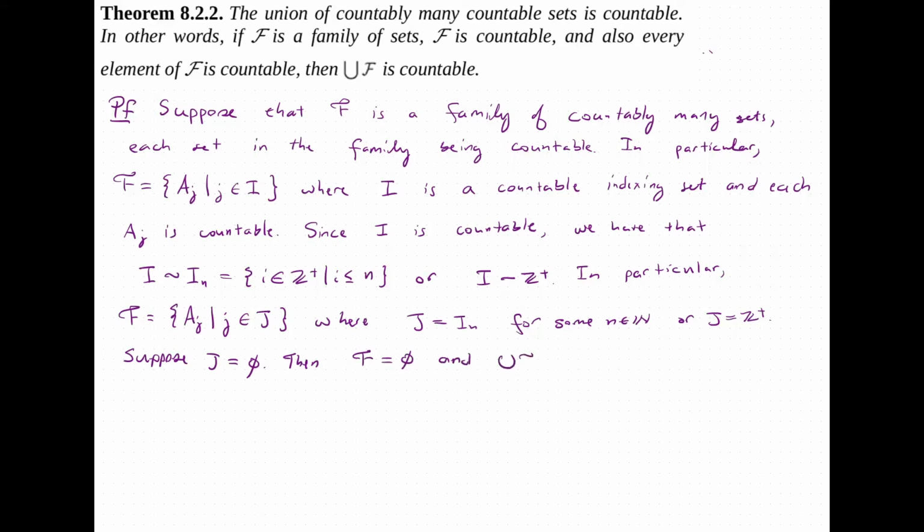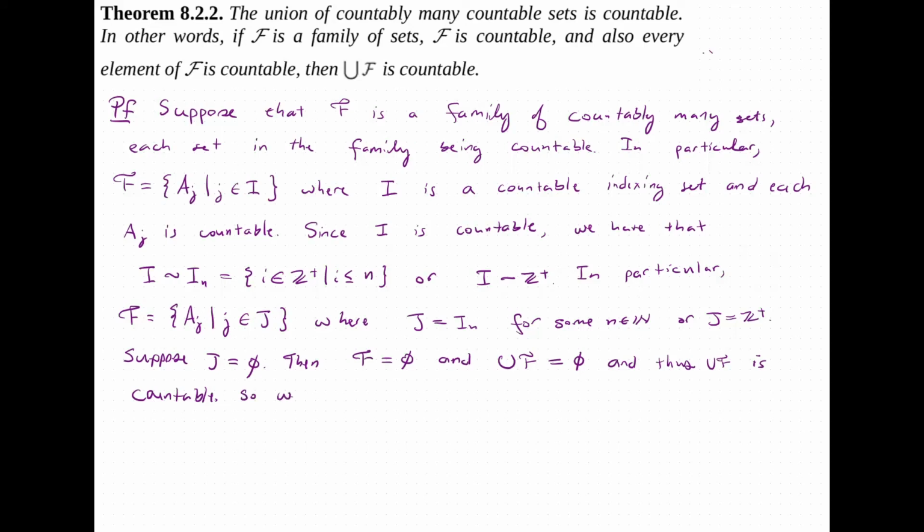And the union of the family of sets, in this case, is just going to be empty. And thus, this is finite, so it's countable. So that takes care of the case when J is equal to the empty set.